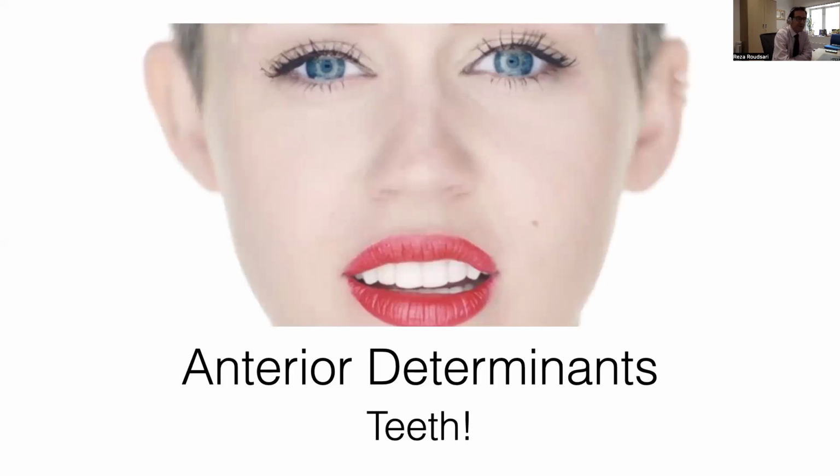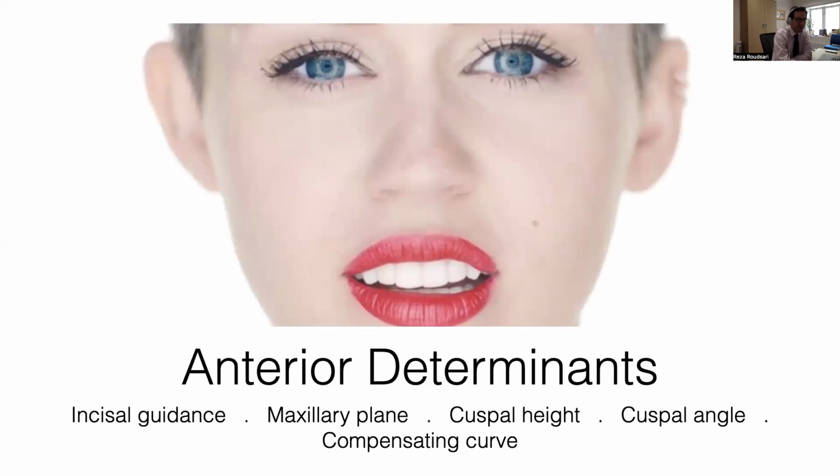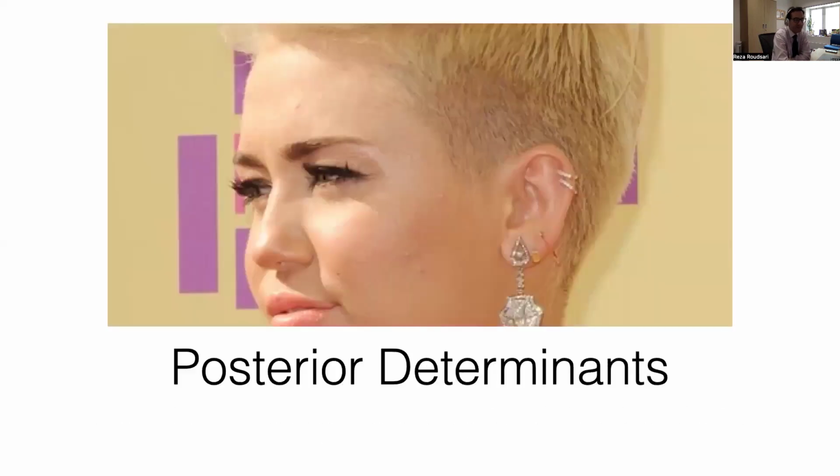Teeth are part of your articulatory system, which are going to guide your mandible in a variety of different directions. Essentially, these are the five main factors which will influence where your mandible is going, guided by your teeth: your incisal guidance, your maxillary plane, the cuspal height of your teeth, the cuspal angle of your posterior teeth, as well as your compensating curve, also known as the curve of Spee.